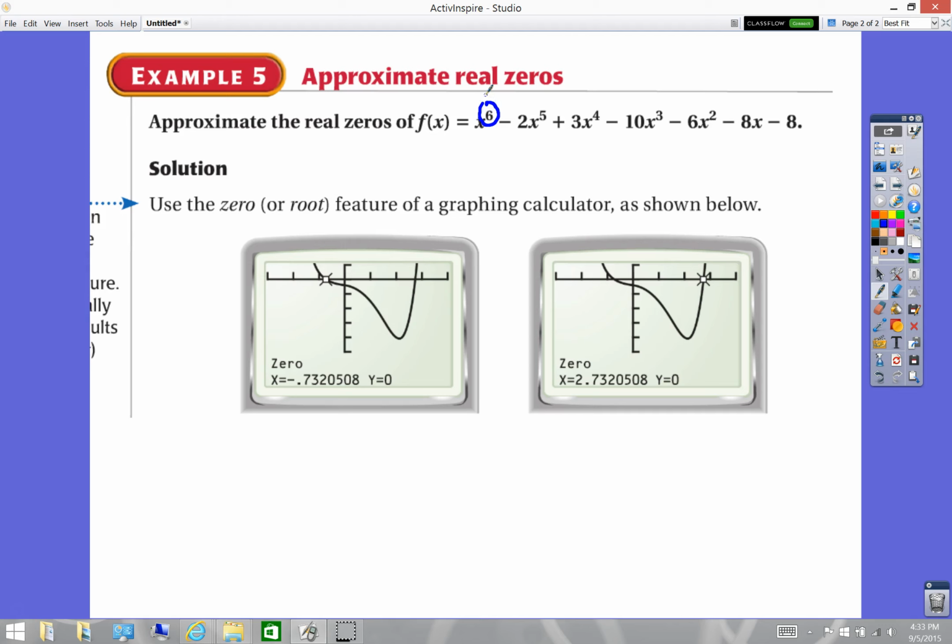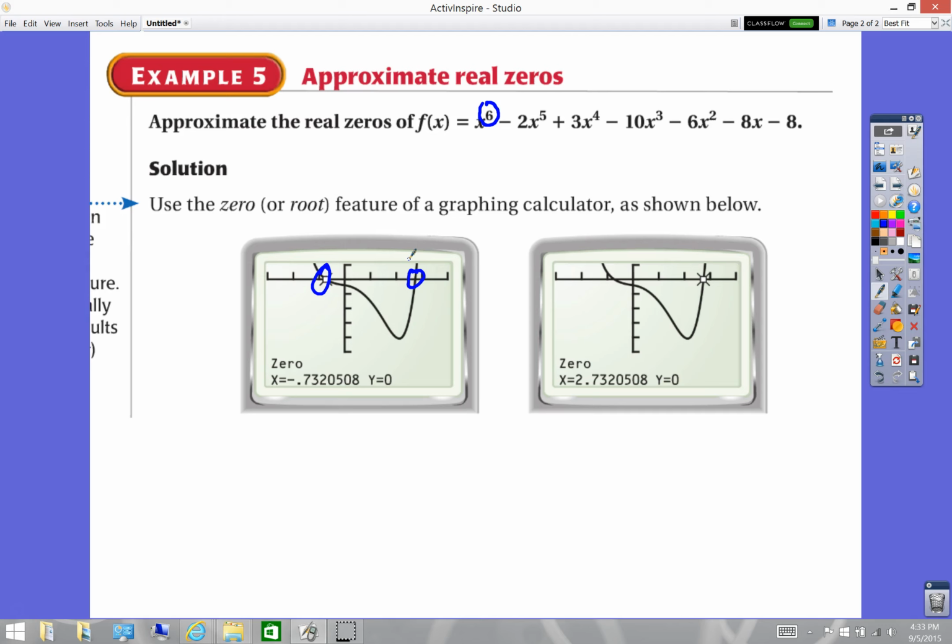Now, the total number of real zeros, not positive or negative, can usually be approximated by looking at the graph, because real zeros are where the graph crosses the x-axis. So, looking at that there, it would appear that there's 2 real zeros.